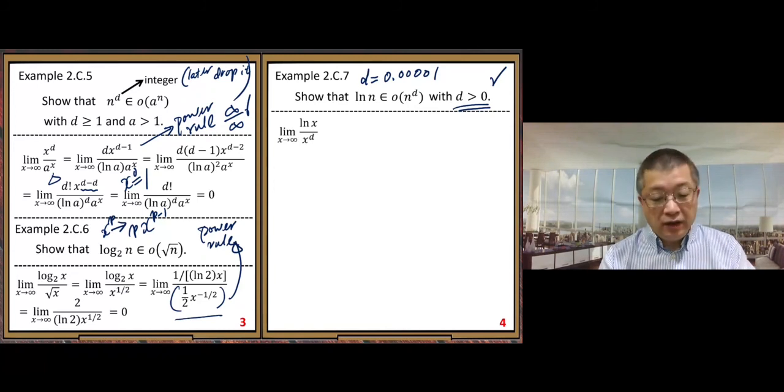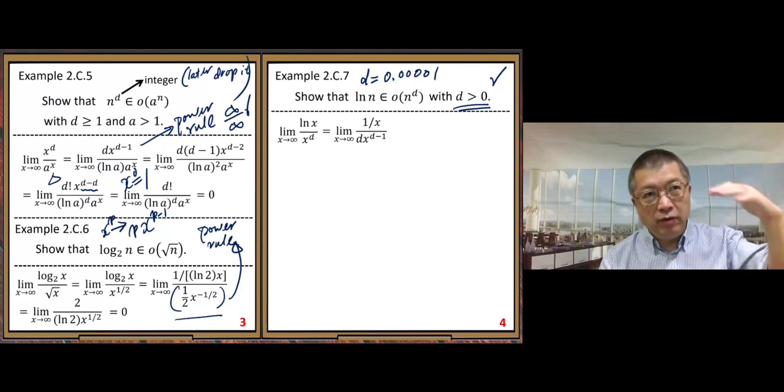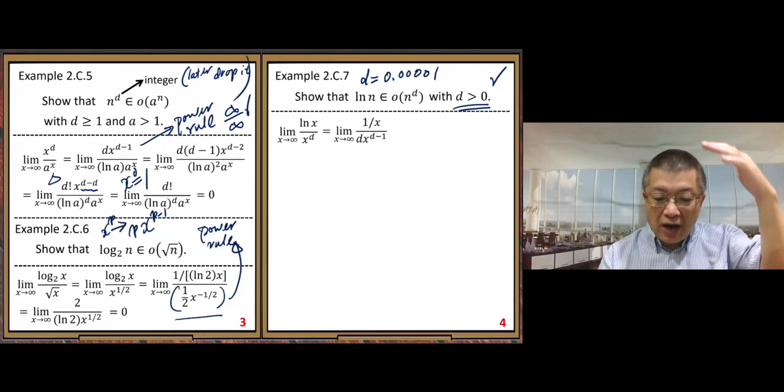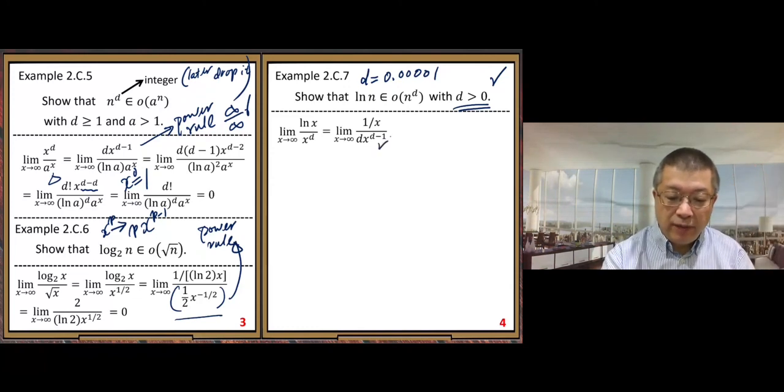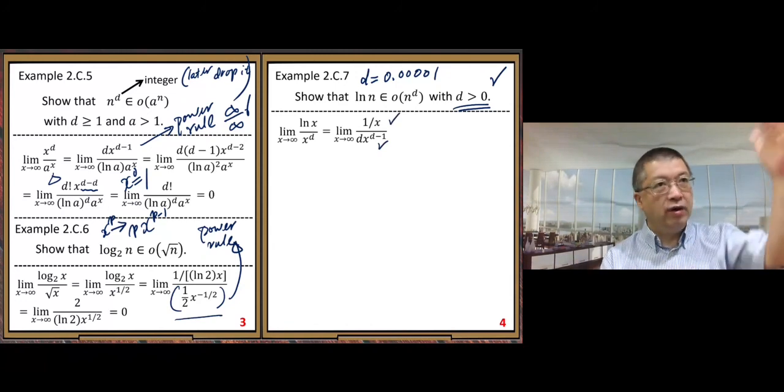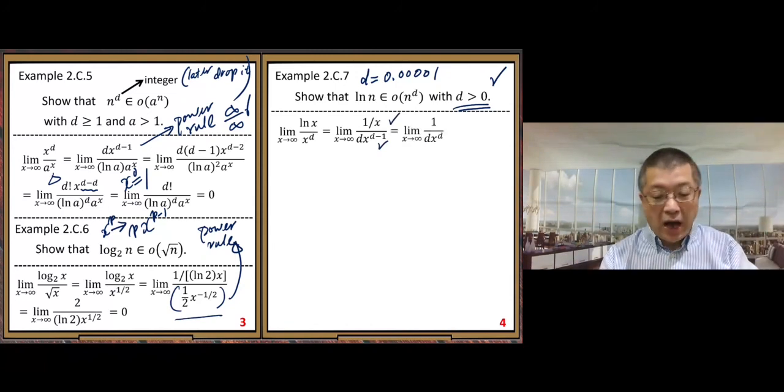Okay? Yeah. Take the derivative. It's infinity over infinity indeterminate form, so we can apply L'Hopital's rule. After taking the derivative, the power rule, on the bottom, natural log, derivative 1 over x. After simplification, you can see it's not an indeterminate form.